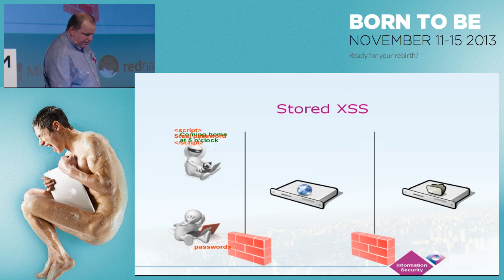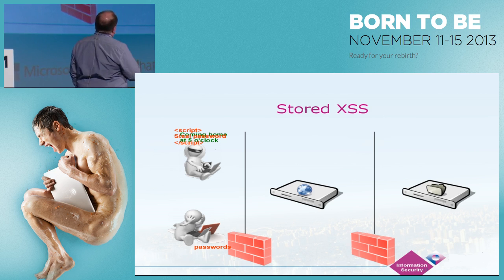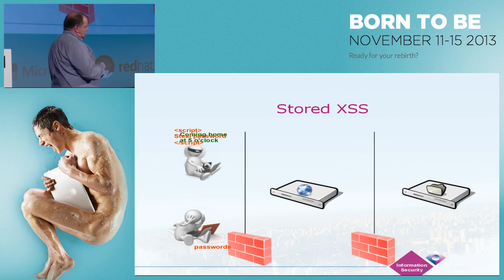So, the hacker and the victim, what does the hacker do? Well, he's found a cross-site scripting vulnerability, so he enters in the forum a script, well, the script tag, and then, let's take a function because that would take too much space on that slide, which will steal all the passwords of the victim.